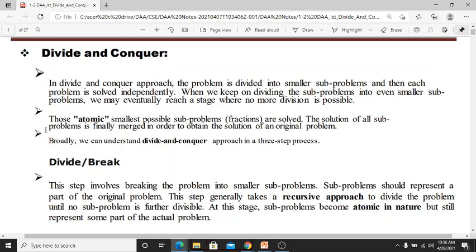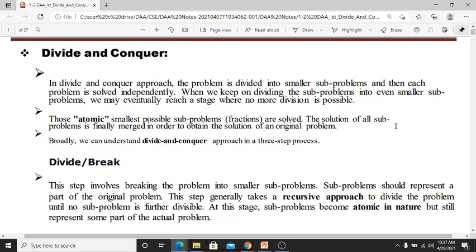Next, those atomic, smallest possible subproblems, fractions, are solved. So whatever subproblem it is dividing, at the end we cannot divide more. At that fraction, it will solve.